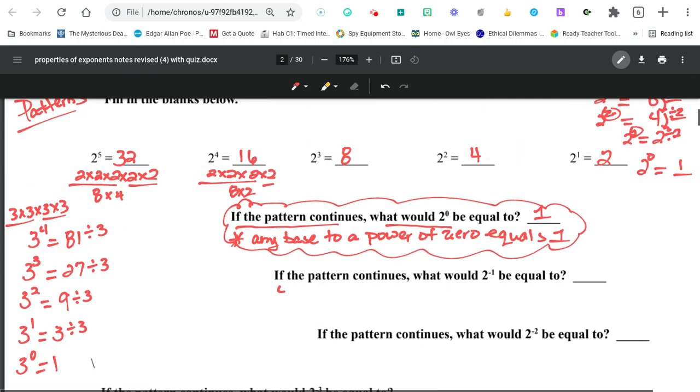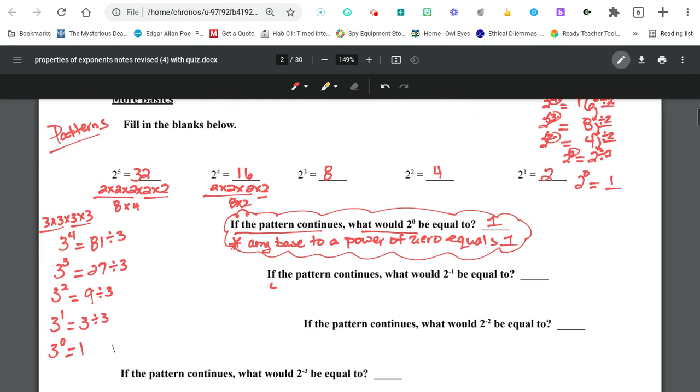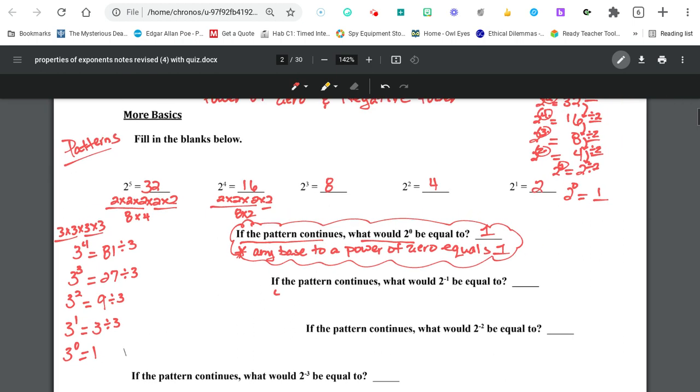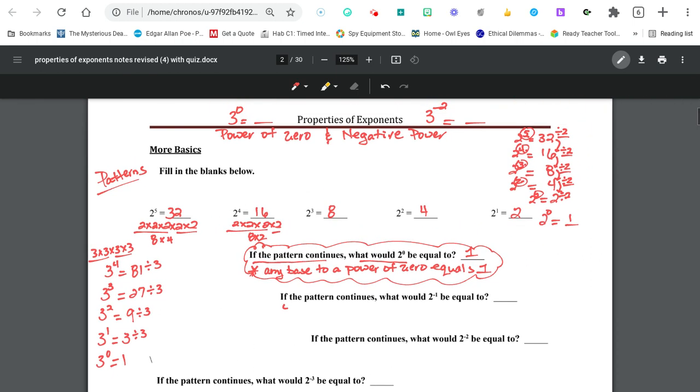Okay? All right, now let's go back to the original problem with a base of 2 and continue our pattern. We reiterated and solidified that an exponent of 0 just gives you 1.